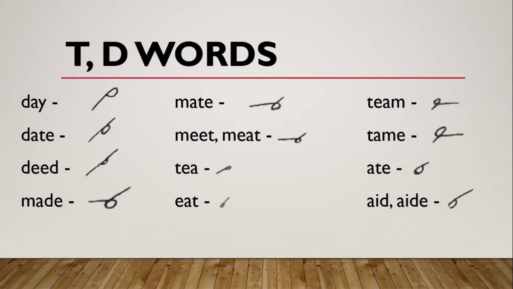Okay? So now we are going to have a short quiz if you remember the strokes of the words earlier. Okay, are you ready? So you may prepare your paper and your pen to answer the following. First one is tame.